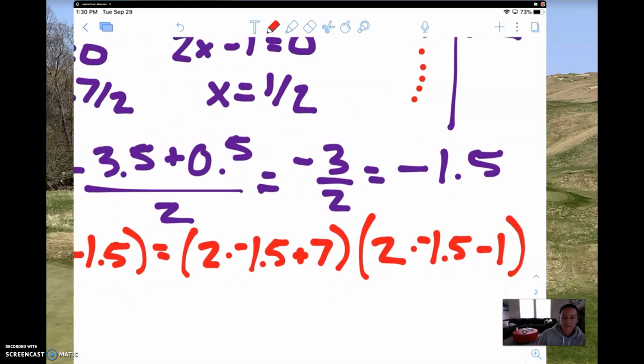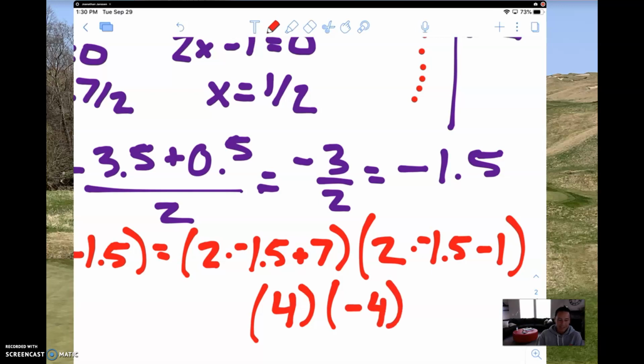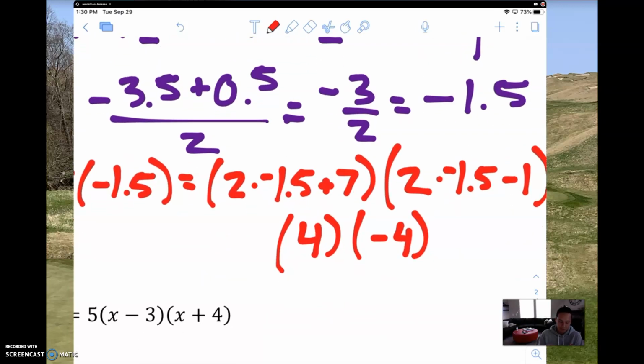Then it's just a matter of simplifying it. So 2 times negative 1.5 is a negative 3, and negative 3 plus 7 is 4. And on the other side, 2 times negative 1.5 is negative 3. Subtract 1 from that is a negative 4, which equals a negative 16. So your vertex would be at negative 1.5 and negative 16.